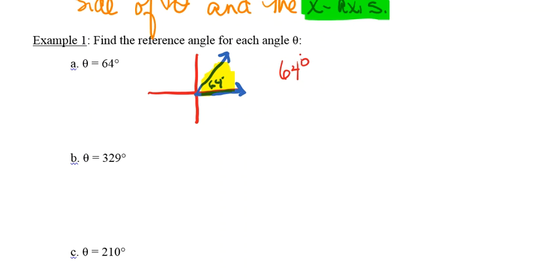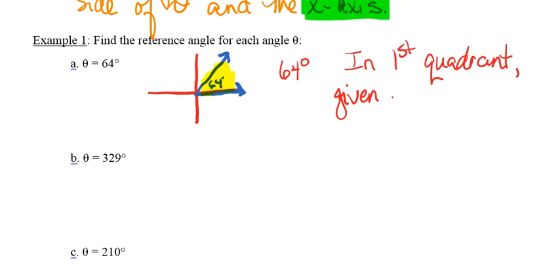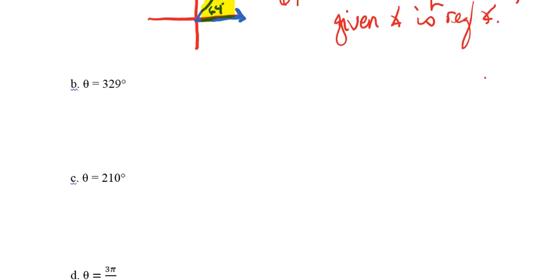The reference angle will always be the given angle if your angle is in the first quadrant. So in the first quadrant, the given angle is the reference angle. So that'll make things easier on us.